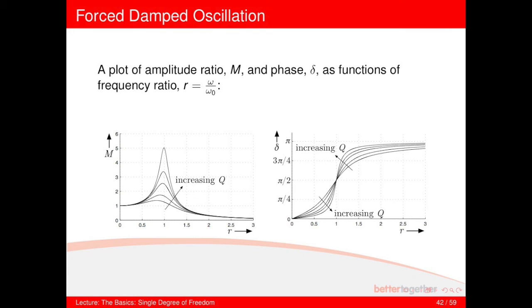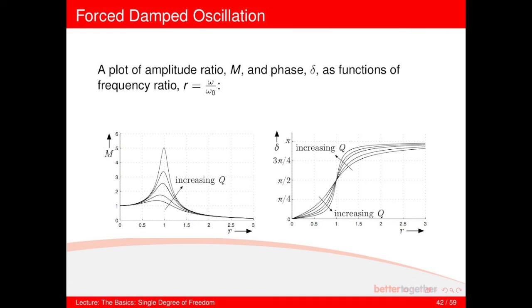And your delta, if we plotted the same thing with delta, at 0 frequency, there's no phase. It's going to respond in the same way that you're applying the force. As you increase your frequency to this point, you're going to be a bit behind, and then as you go beyond it, it becomes more and more like completely opposite.